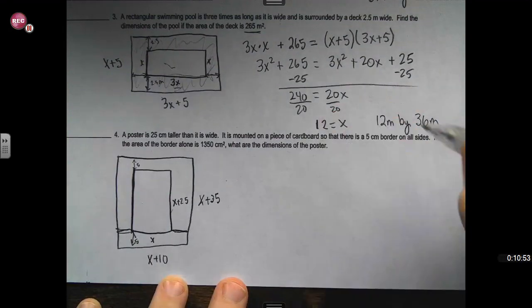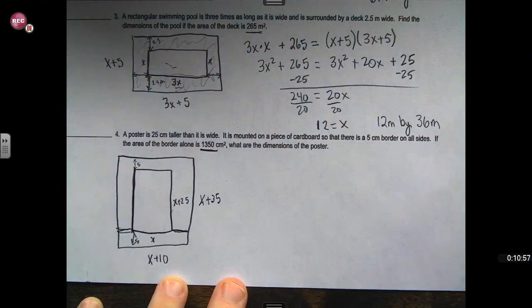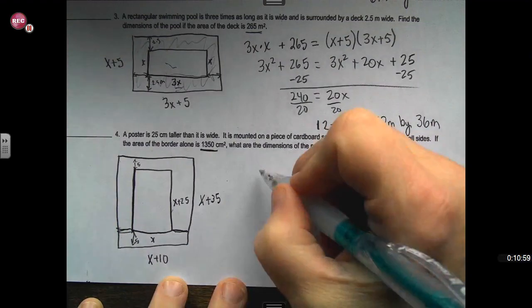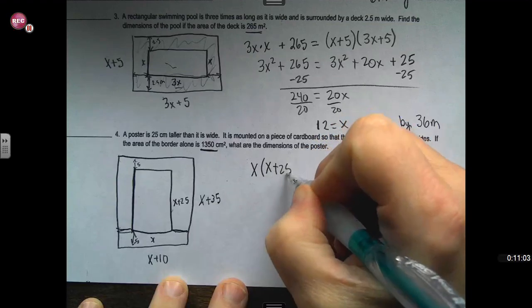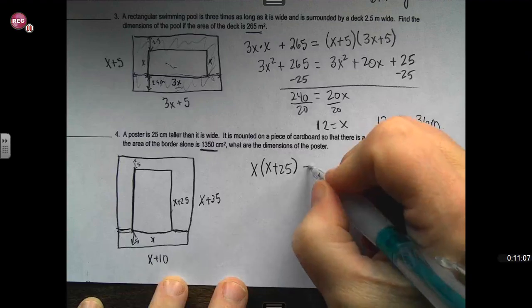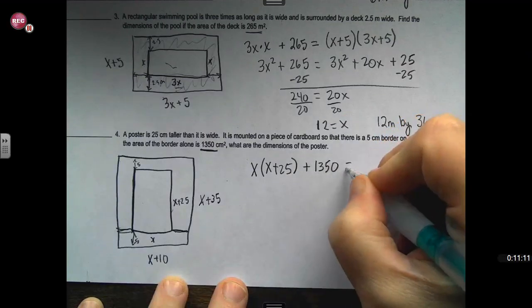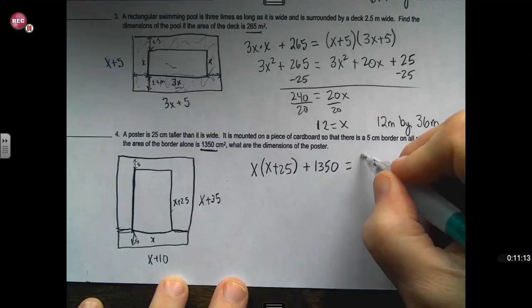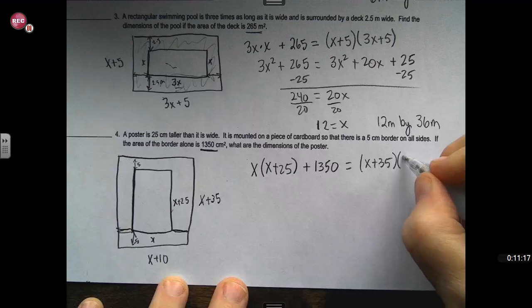And then the area of the border is 1350. So again, I could take the area of the frame, x times the quantity x plus 25. That would be the area of the frame, plus the area of the border. And that's going to equal the area of the whole thing, x plus 35 times the quantity x plus 10.